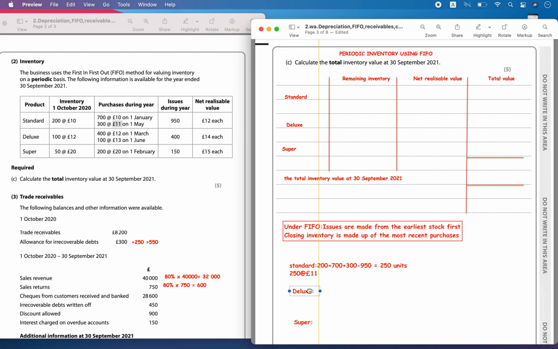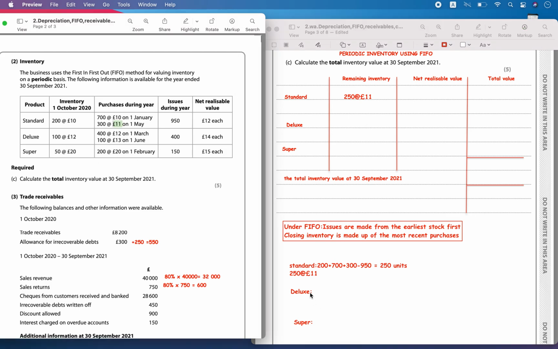Recent inventory you have to identify. So 250 at 11, let's write this is the closing value of the inventory, and then we have deluxe.